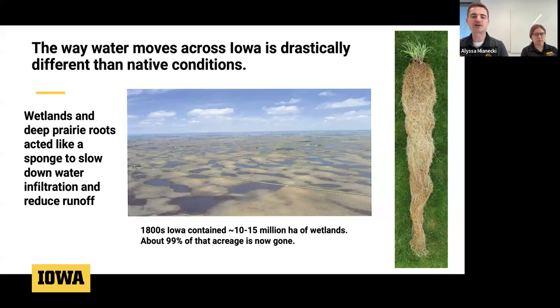So we don't have as much on-field upstream storage of water in local fields or local ponds in Iowa as we used to. The native prairie plants used to have really long roots. Again, they would hold on to water, and they had more of a capacity to evaporate the water than much of the current corn or soybean crops that we use now in Iowa.